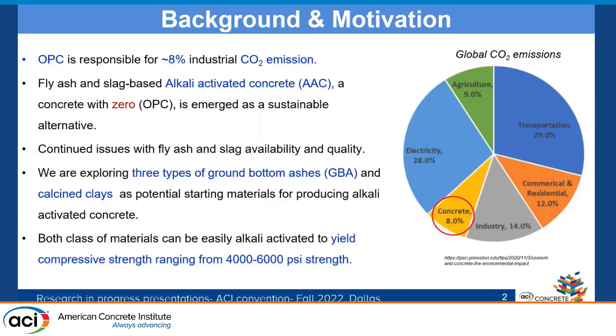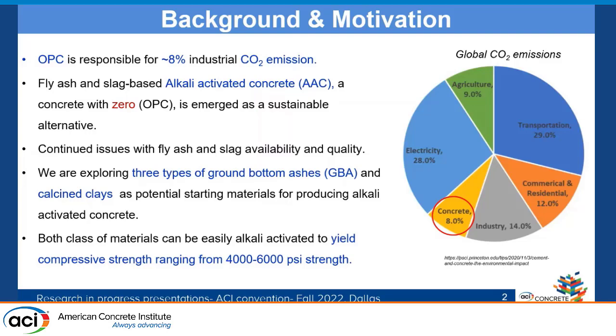But nowadays, due to the closure of thermal power plants and due to the increase in the use of recycled steel, these fly ash and slag resources are declining. So we need to explore new binders so that we can sustain in future.